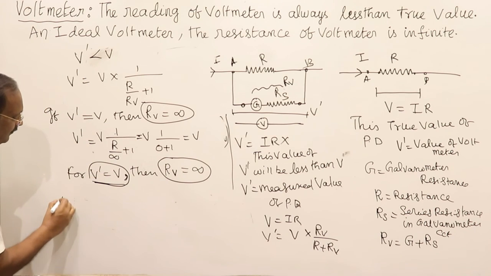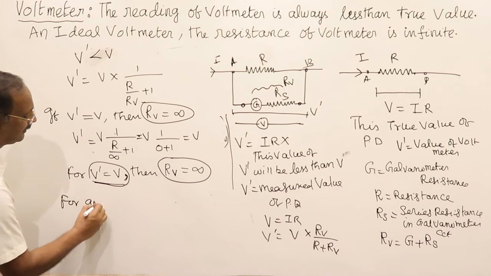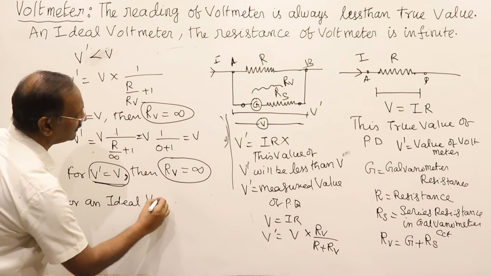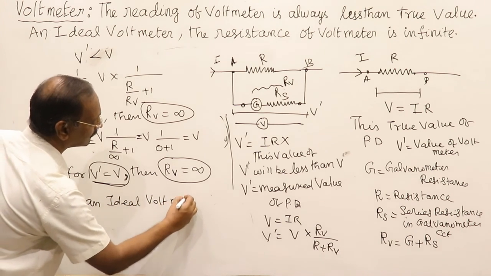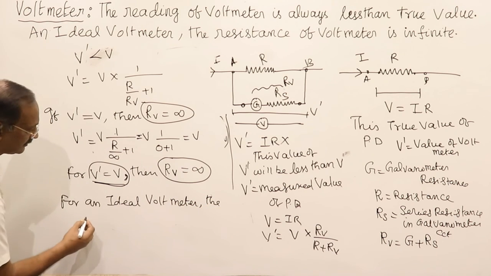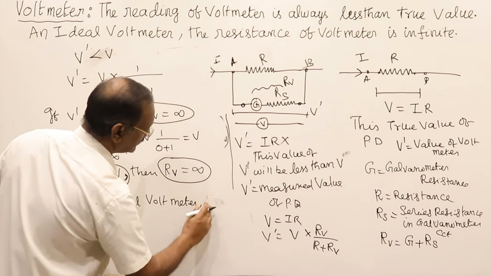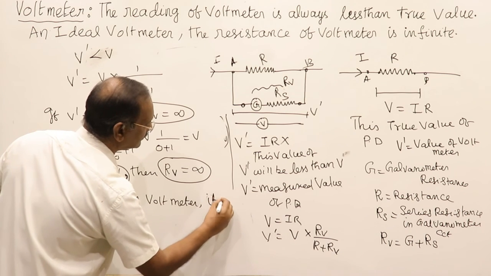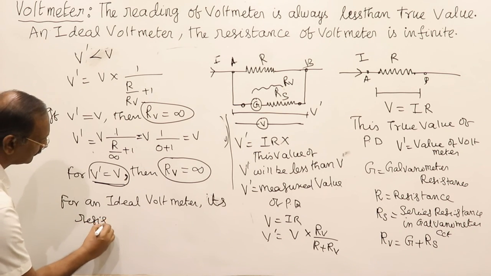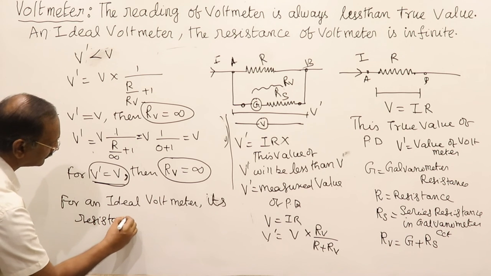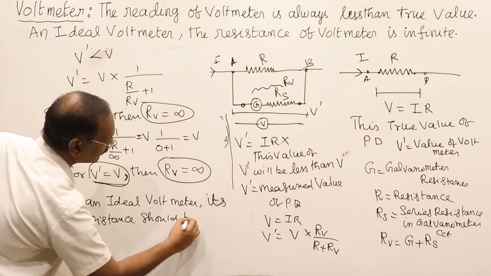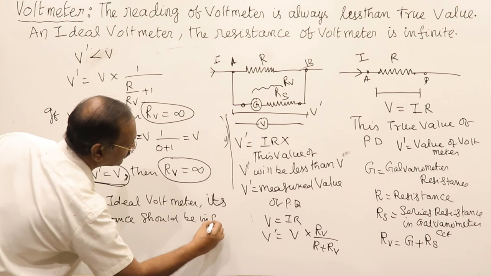It means for an ideal voltmeter, its resistance should be infinite.